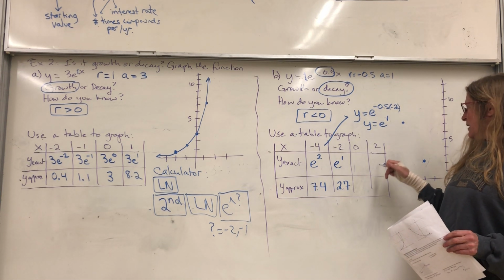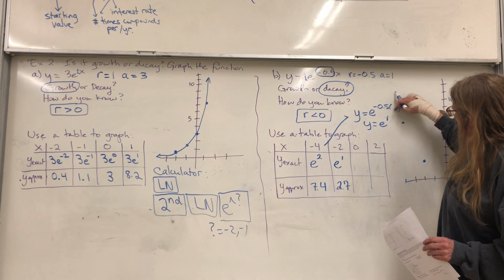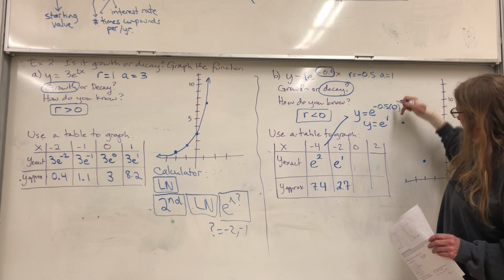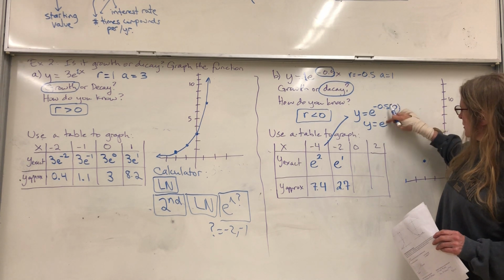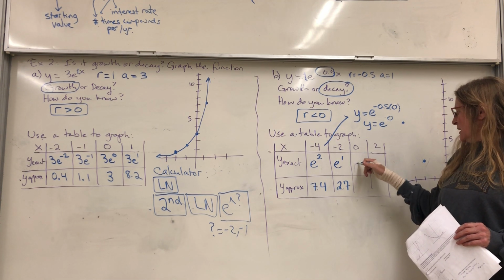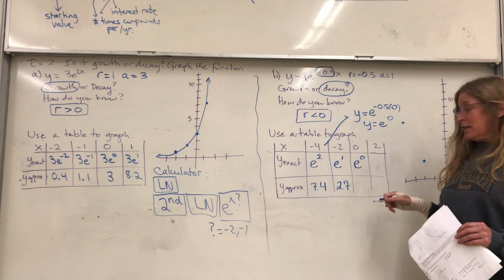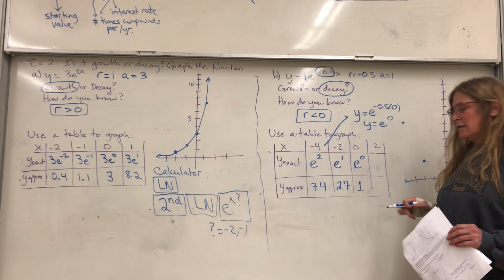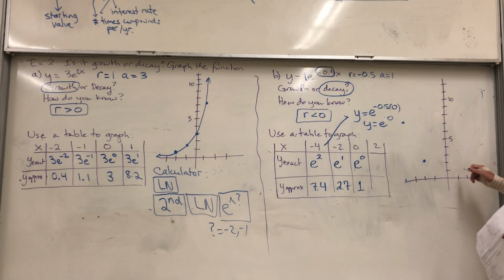Now I'm going to plug in 0. If I plug in 0, I get negative 0.5 times 0, which is 0. And that's just e to the 0, which we know anything to the 0 is 1. So 0, 1 is on my graph.